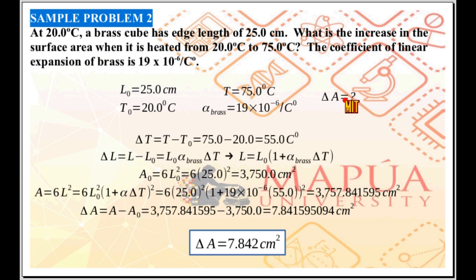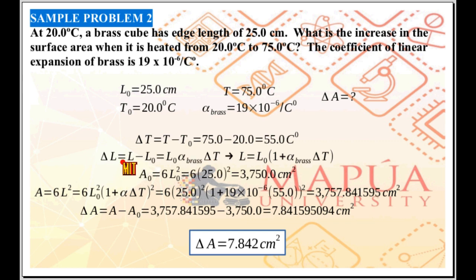There are a couple of ways of going about answering this problem. One is shown in this example. First, we take the change in temperature. Delta T is final minus initial temperature, so T minus T naught, that will give you 55 Celsius degrees. Using this change in temperature, we determine the change in the edge length of the brass cube.